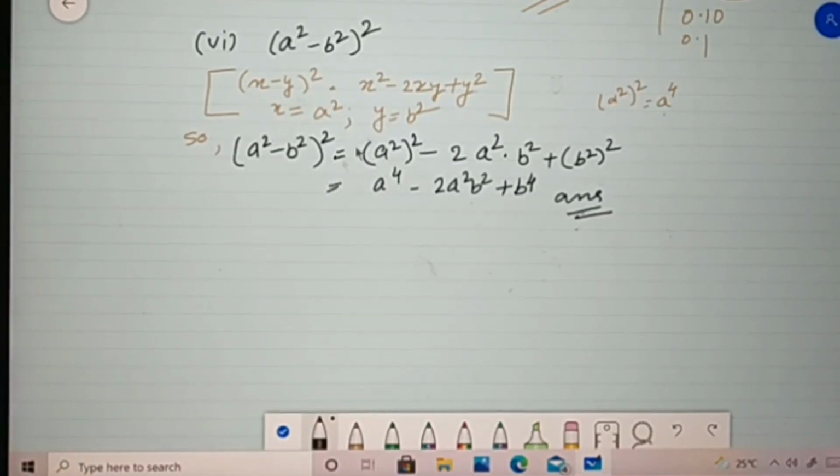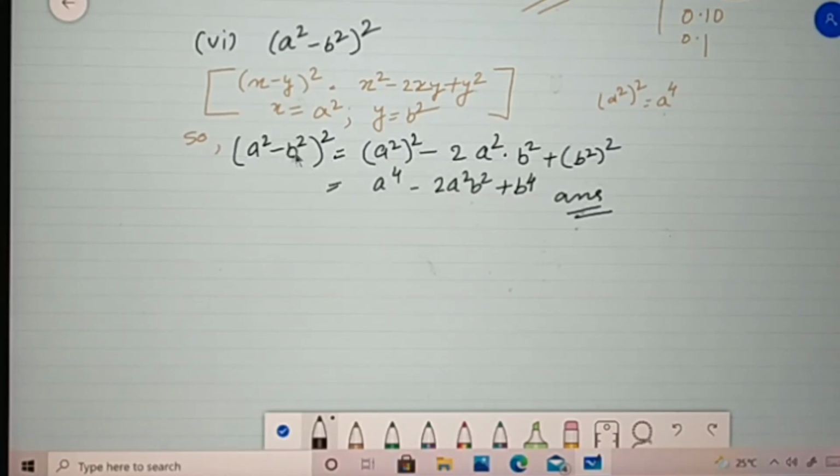Now this is (a square - b square) whole square. So (x - y) whole square is x square minus 2xy plus y square. x is the first term and y is the second term. So comparing, x is a square and y is b square.